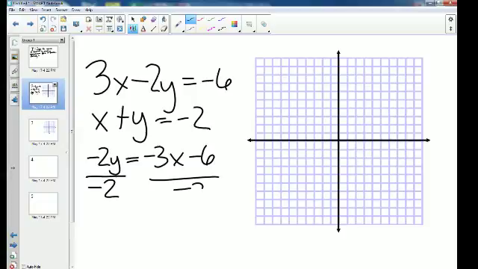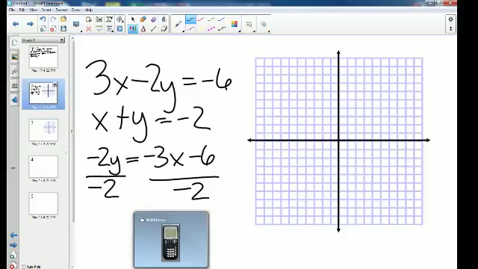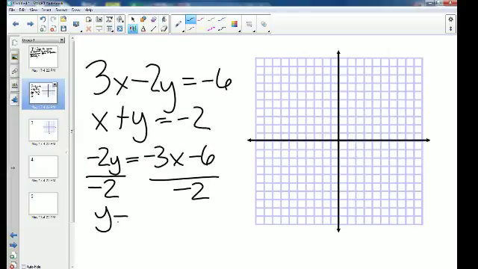We get y equals 3/2 x plus 3, because -6 divided by -2 is 3, and -3 divided by -2 is positive 3/2 x.